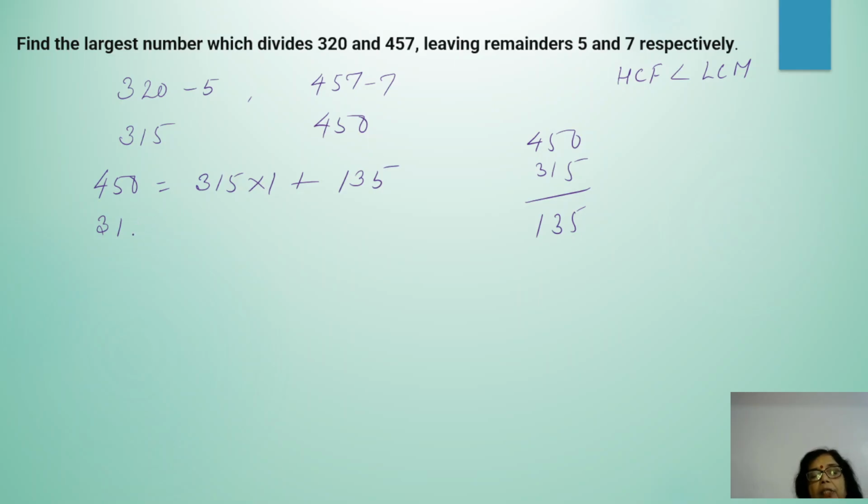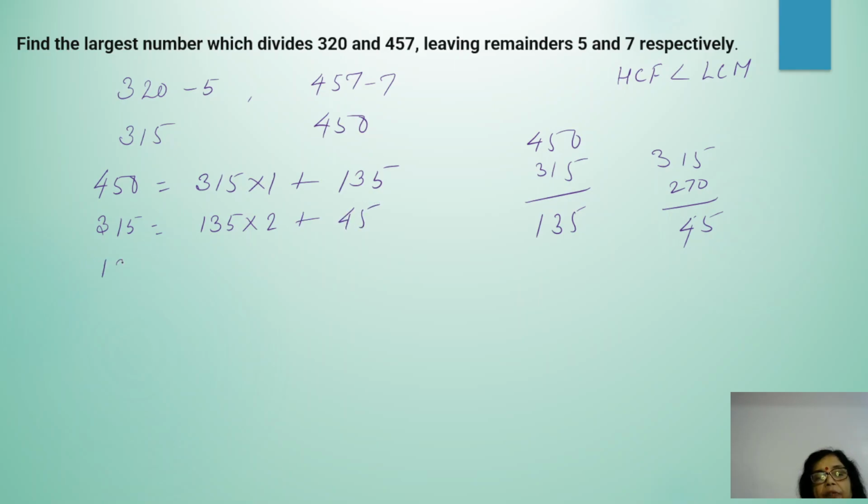Next step, 315 is the dividend, and 135 is the divisor, into 2 times 270. So 315 minus 270 will of course be 45. So this gives us 45.